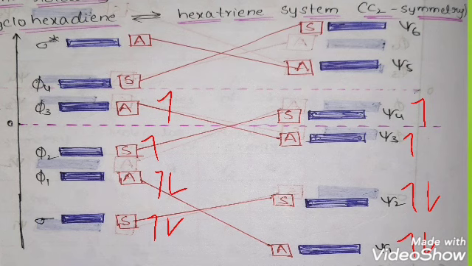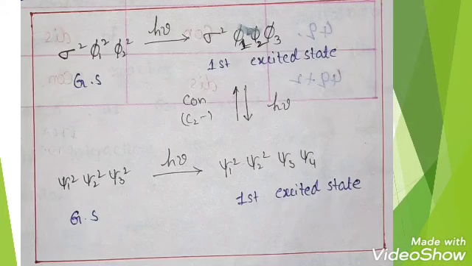That means the first excited state of cyclohexadiene molecular orbitals correlates with the first excited state of hexatriene molecular orbitals. This is the ground state electron configuration of cyclohexadiene, which on photochemical irradiation changes to sigma 2, pi 1 2, pi 2 1, pi 3 1.